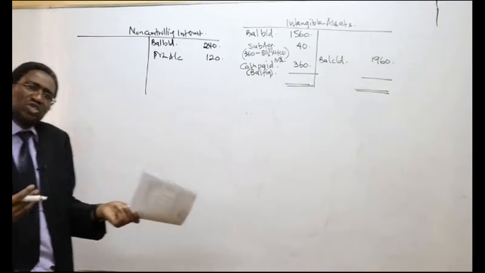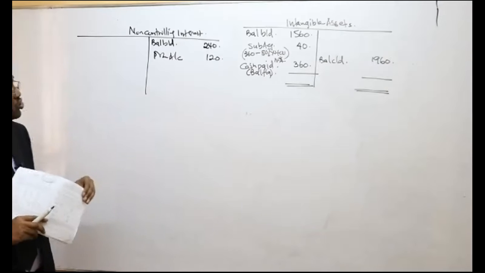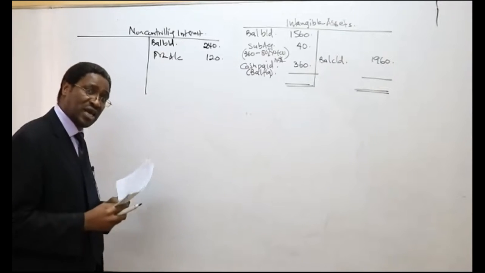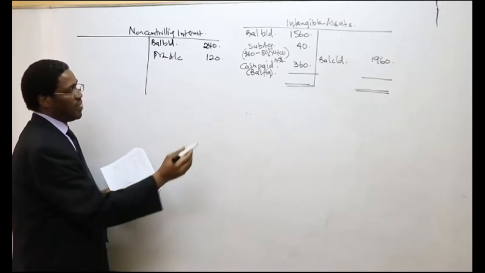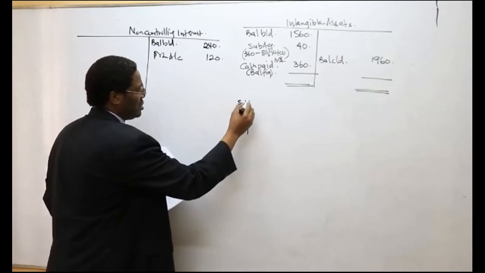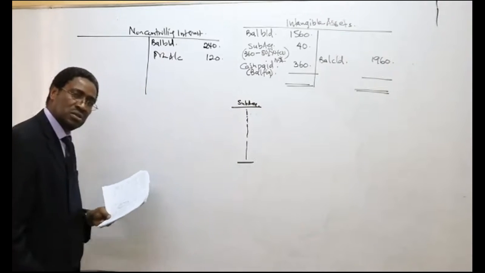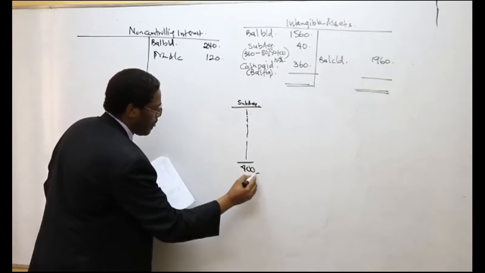Then we go through the additional information, looking for anything else affecting the non-controlling shareholders. Is there anything else? The answer is yes. From note number 2. That note told us that when we acquired this subsidiary, it came in with total net assets of 400 million.